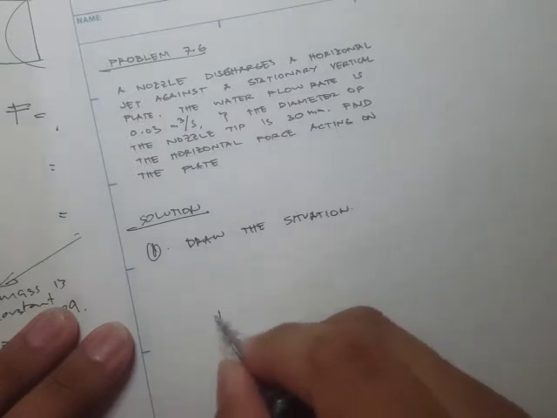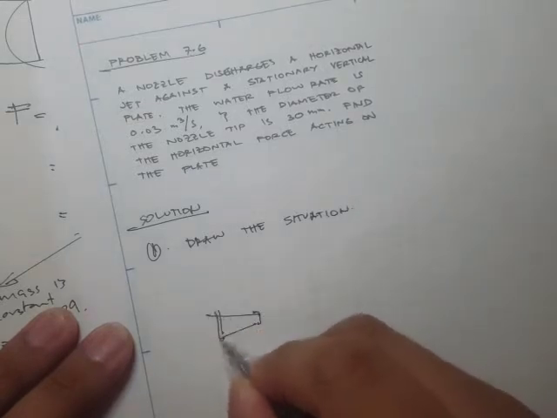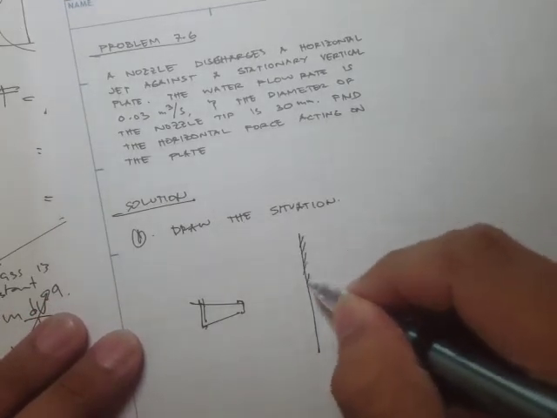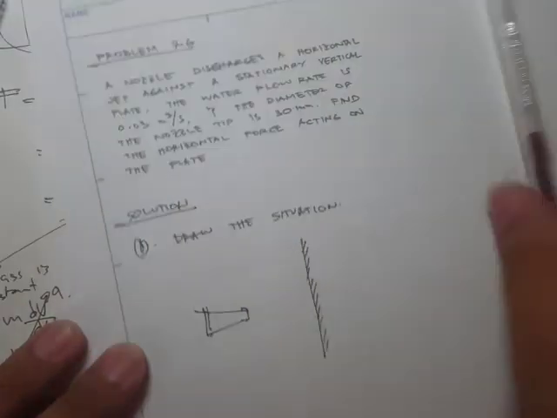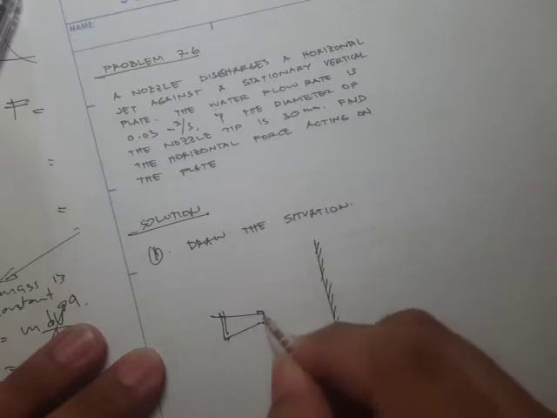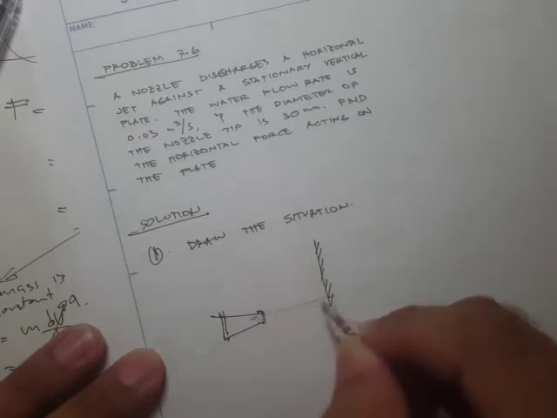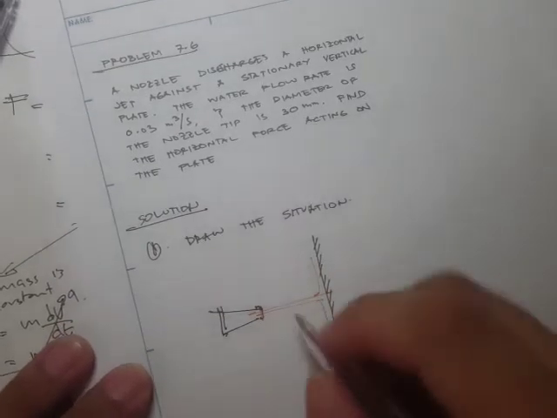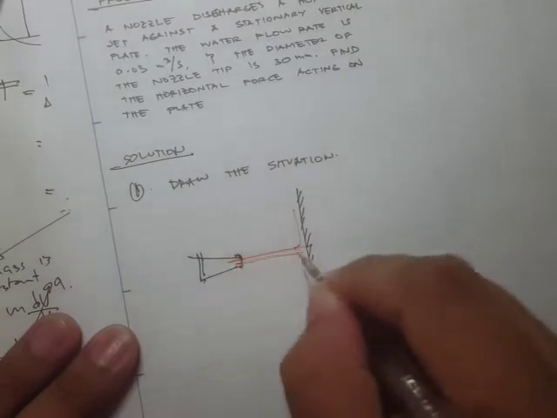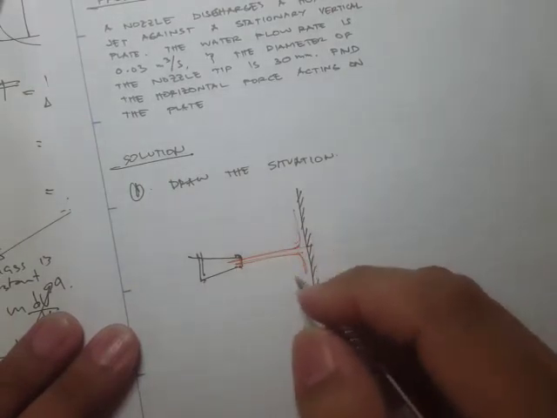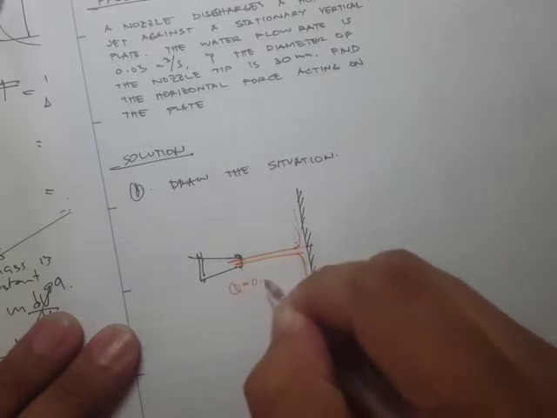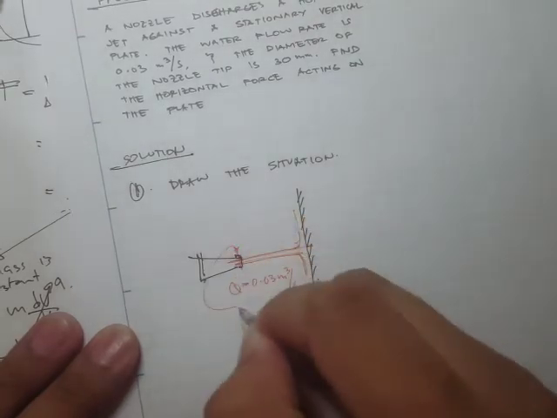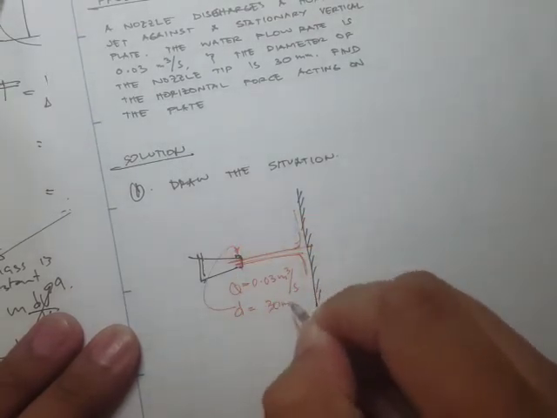Okay, so we have a nozzle right here, and there is a stationary vertical plate, and there's a jet of water flowing out from this nozzle. And it says here that the flow rate Q is 0.03 meter cube per second, and this diameter is equal to 30 mm.